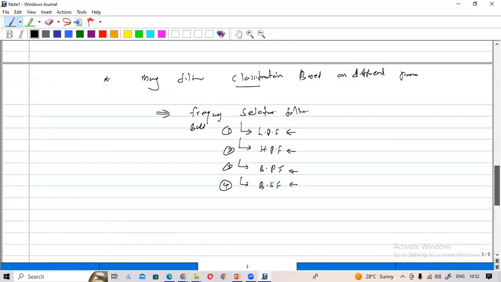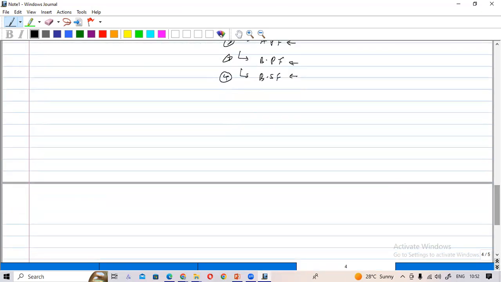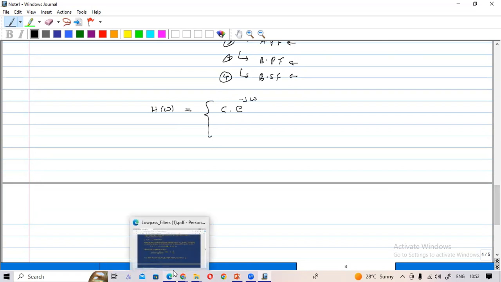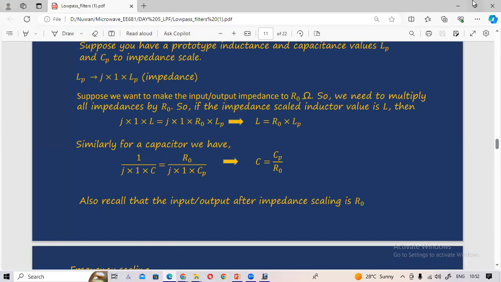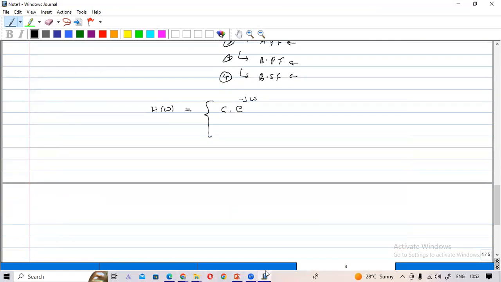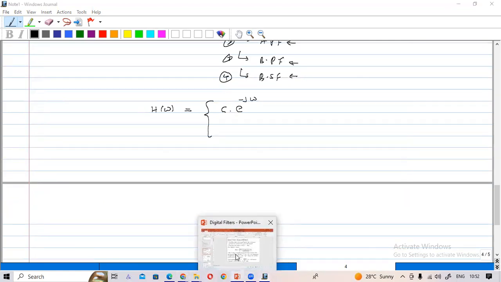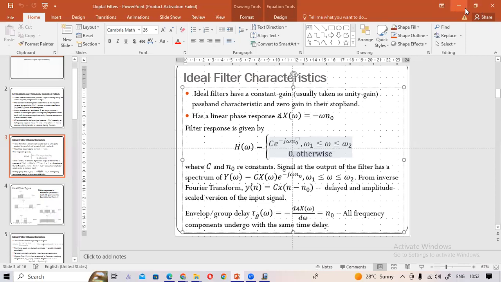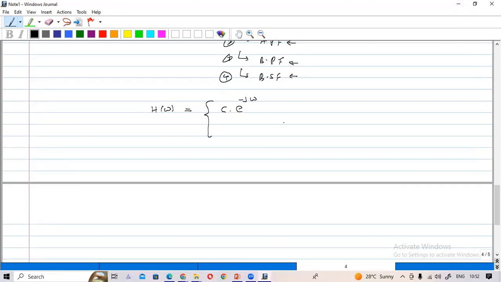Let's say we have this kind of H omega, given as c e to the power minus j omega alpha. I will use alpha here instead of n naught.